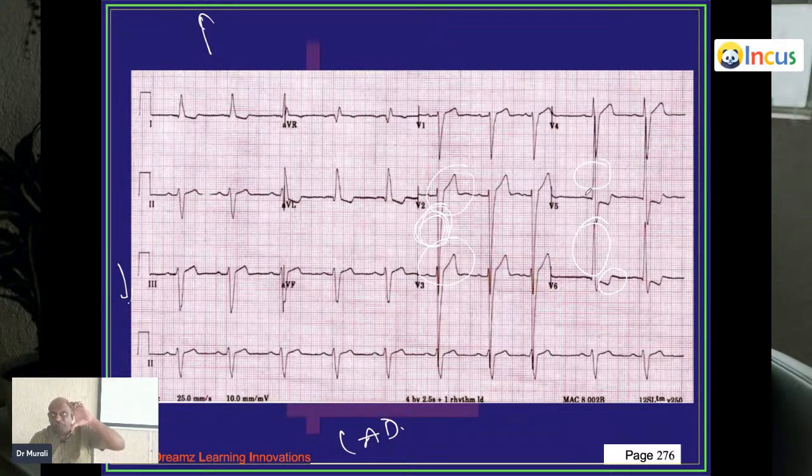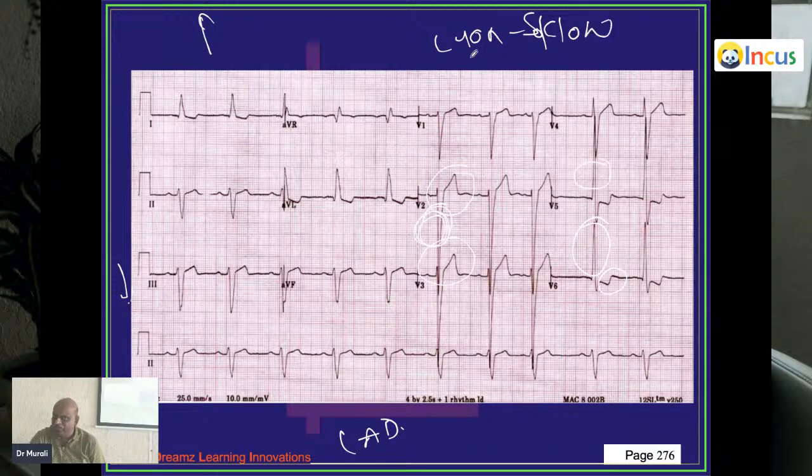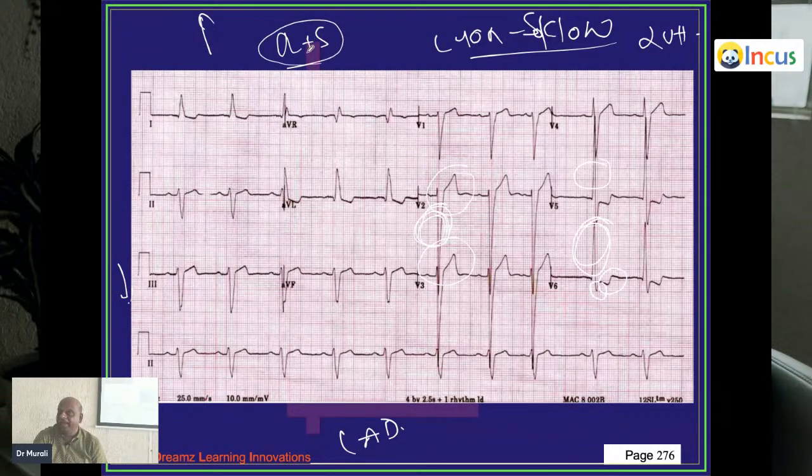QRS became very tall. The other day we discussed Sokolow-Lyon criteria. Did we? No? Of left ventricular hypertrophy. The height of the R and the depth of the S, you will add the two, and what value will be defined as left ventricular hypertrophy.